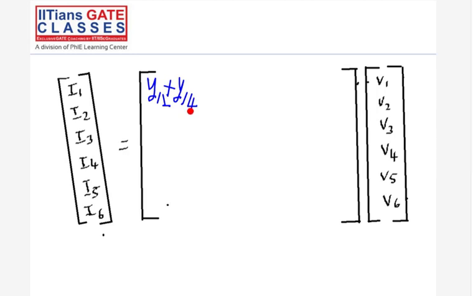So this would be y12 plus y14 minus, again, the next element would be minus y12. Somehow I have to write down this one today.